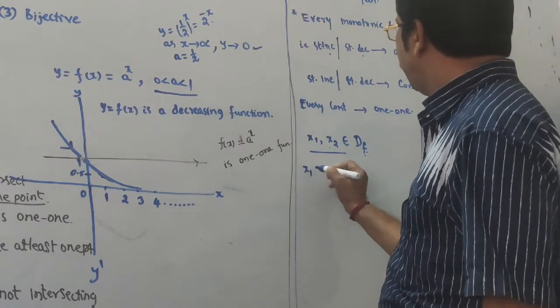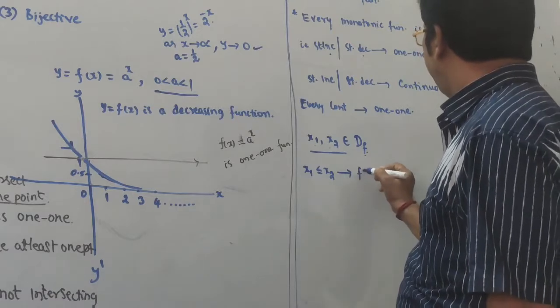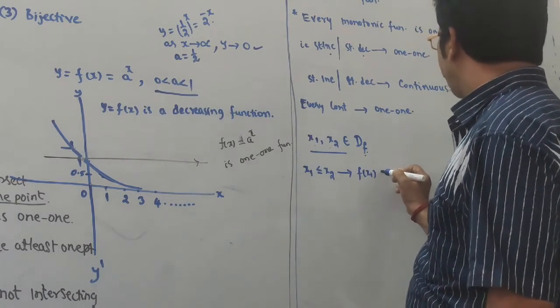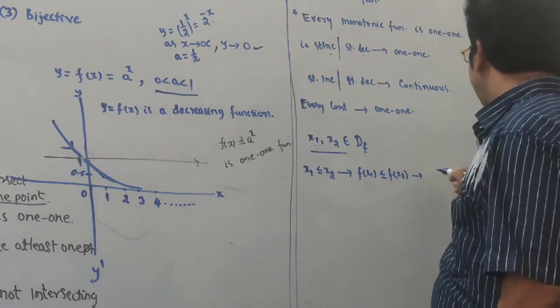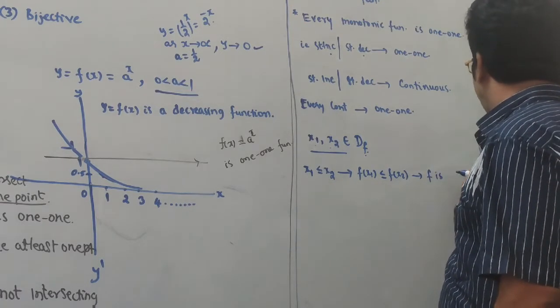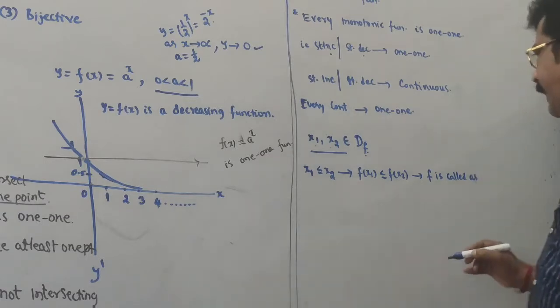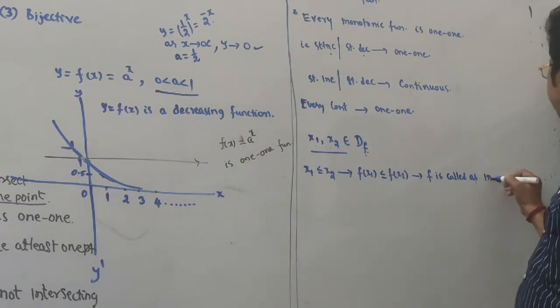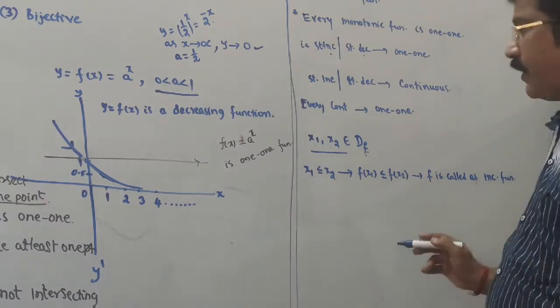So x1 less than or equal to x2 implies the functional values f of x1 less than or equal to f of x2, then f is called an increasing function.